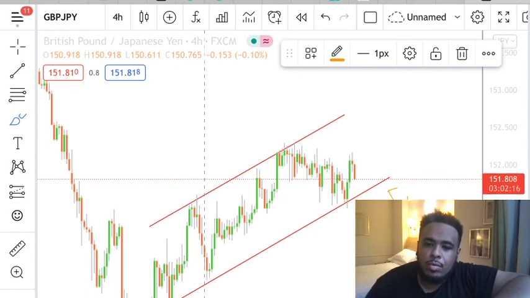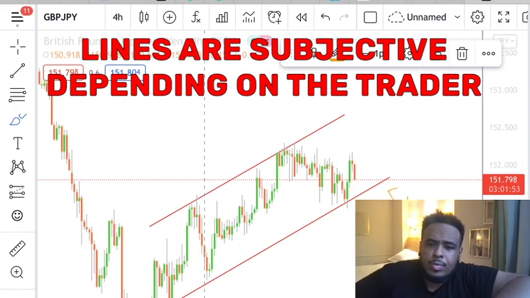What I would say when it comes to support and resistance is that, like you said, it's a zone. That's the most important thing to remember. It's not a permanent place. It's also subjective. It depends on each trader. For instance, the way you draw your lines of support and resistance may be different from the way I draw my lines, because we all see the charts differently.